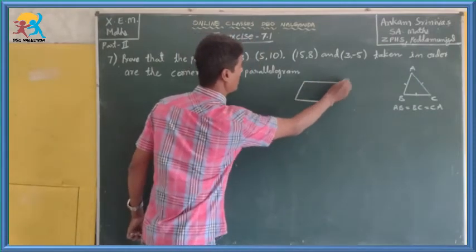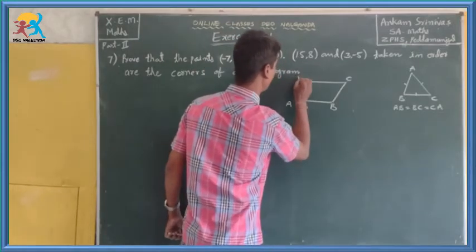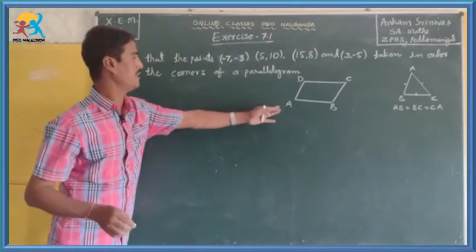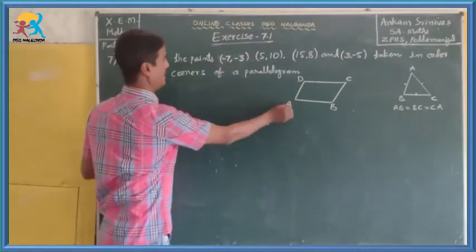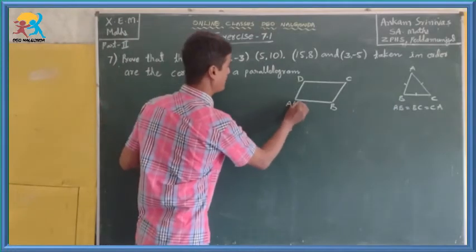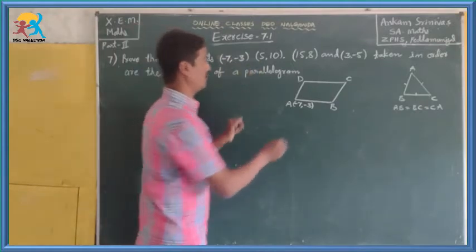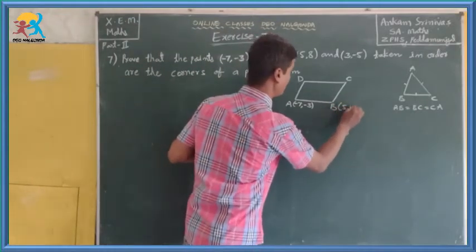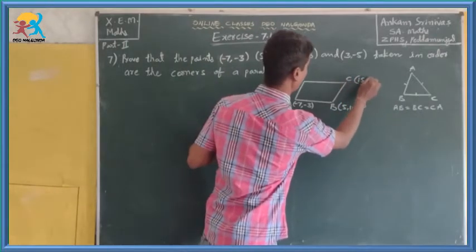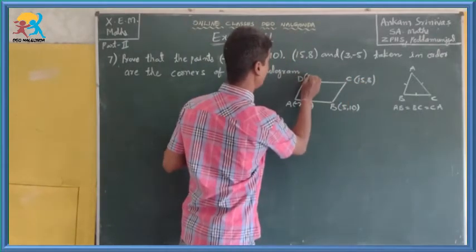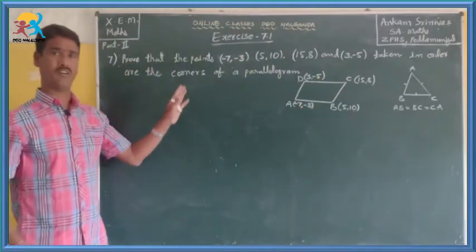Let us assign A, B, C, D points to the given vertices. A minus 7 comma minus 3, B 5 comma 10, C 15 comma 8 and D 3 comma minus 5. Now take in order.